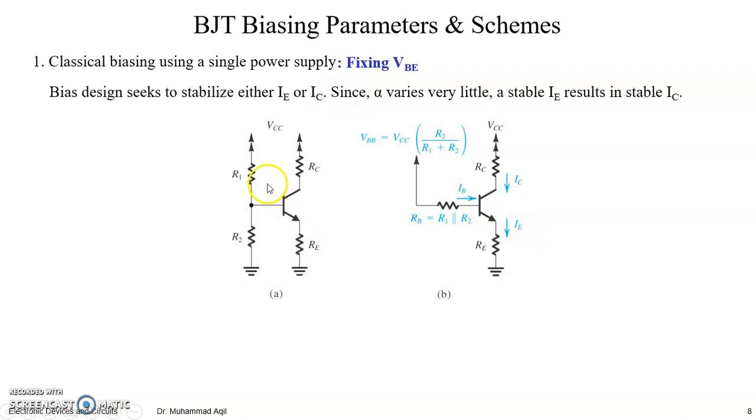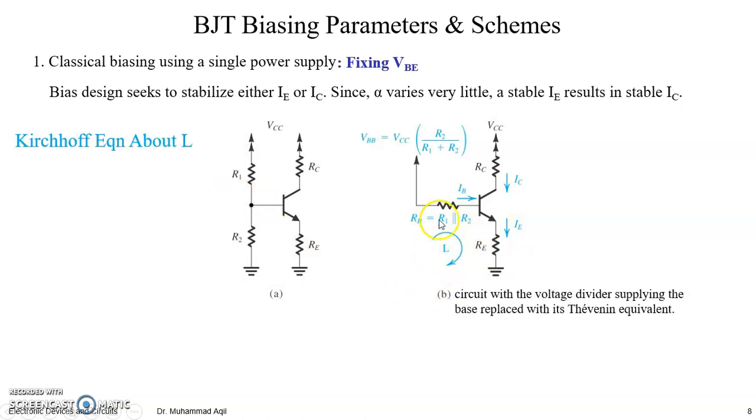And we know that this is the equivalent circuit, the Thevenized form of this circuit, right? So if we write a loop equation at this side, then we will have VBB distributed amongst RB, the base to emitter junction, and RE, right?